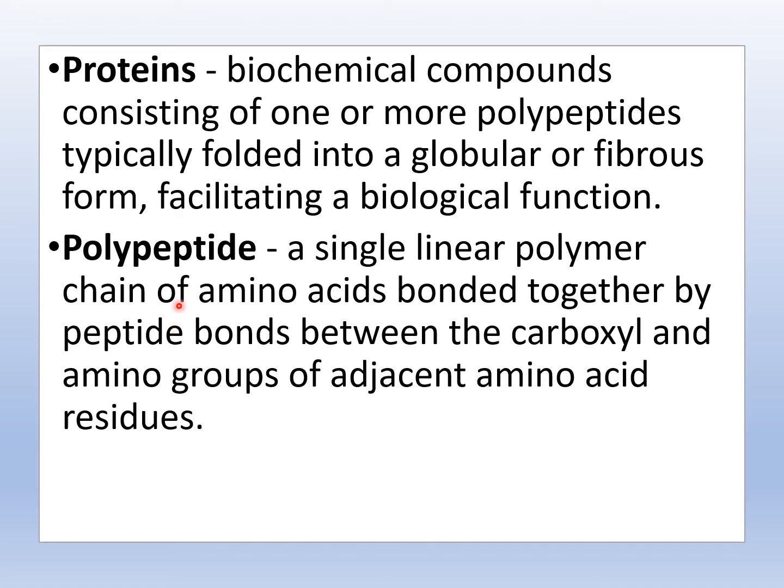So a polypeptide is basically a lot of amino acids bonded together to form a very long chain of amino acids. Polypeptides also attach together in order to form a longer version of polypeptide. Then the longer version of polypeptide will need to fold in order to produce the so-called proteins.